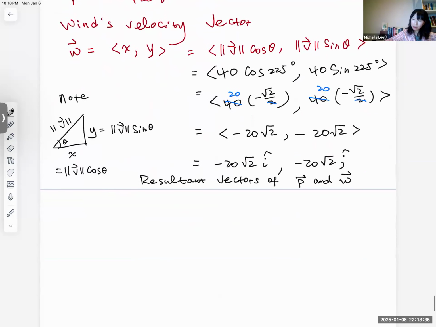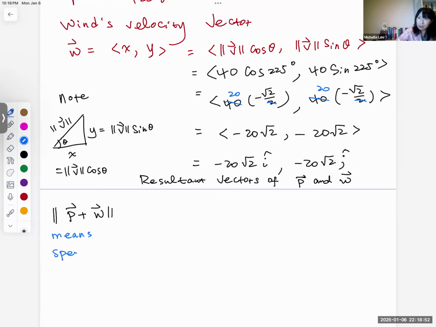So we want to know the magnitude of the airplane with the wind, the speed of the plane.